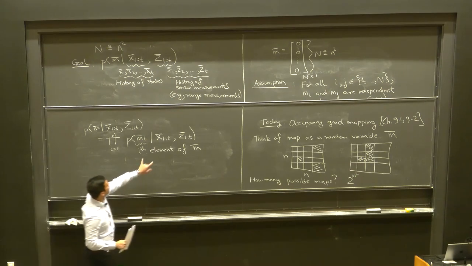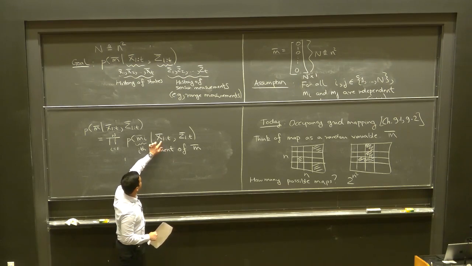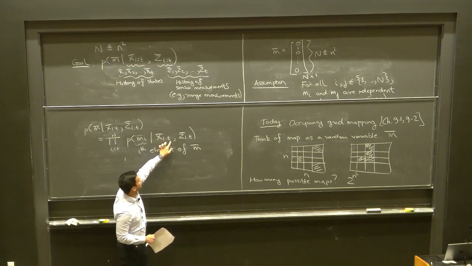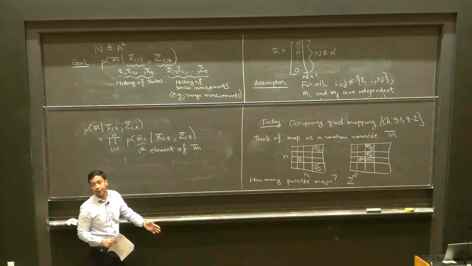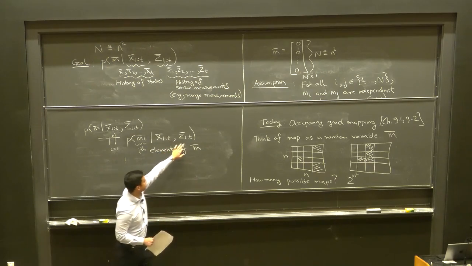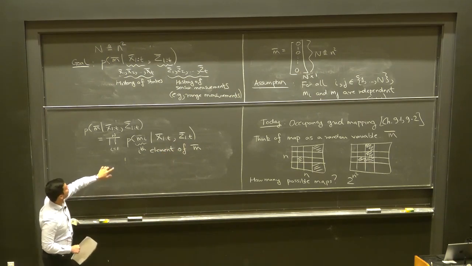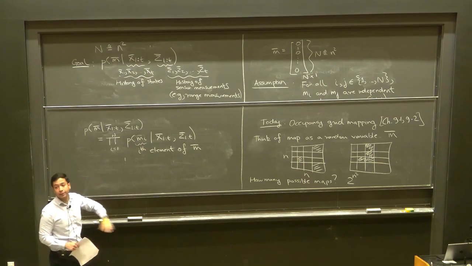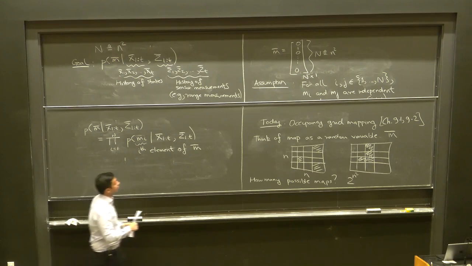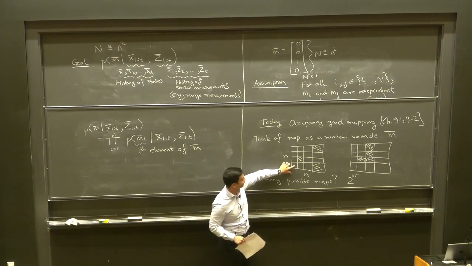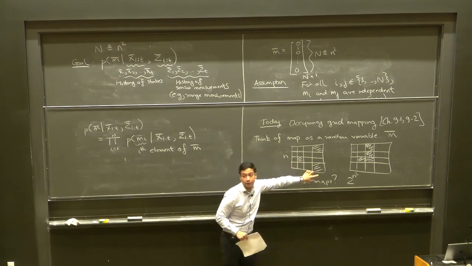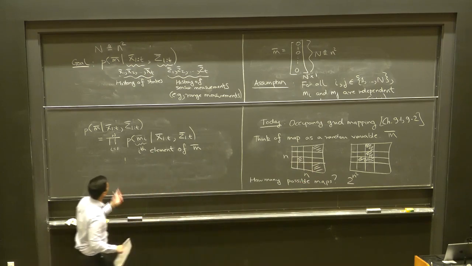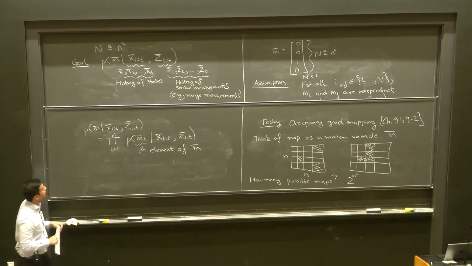So these are all the locations from time step 1 through to the current time, which we're saying is t, and the same with the sensor measurements. What we're indexing with the i is, for a particular time, the location of the cell. So this might be the first cell, the second cell, third cell, fourth cell, and so on. And so I guess that's the distinction in the notation.